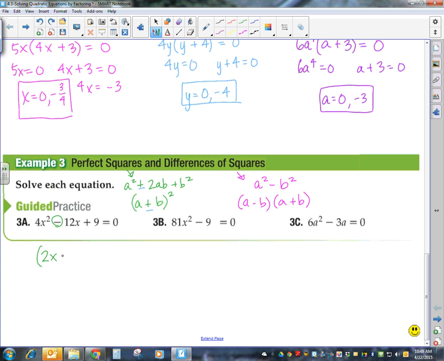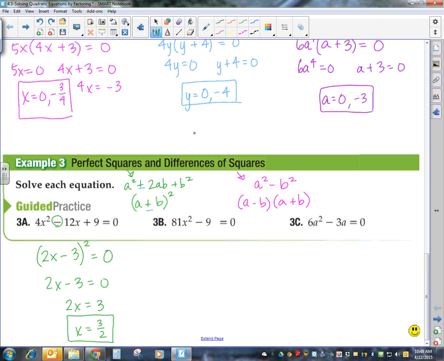It always takes the sign of that second term, the square root of that, quantity squared. And check it, 2x times 3 is 6, times 2 is 12. That's your middle term. So when I solve that and I take the square root of both sides, then 2x minus 3 equals 0. 2x equals 3, and of course x equals 3 halves.